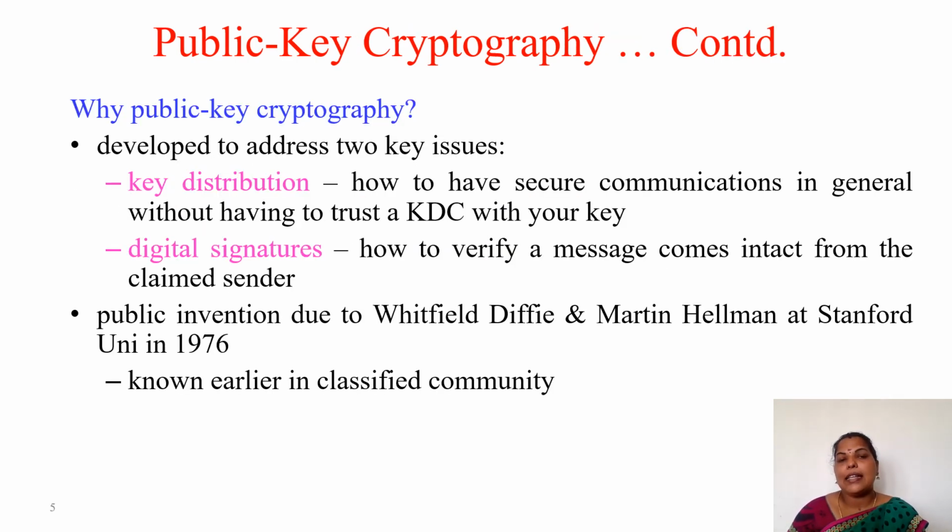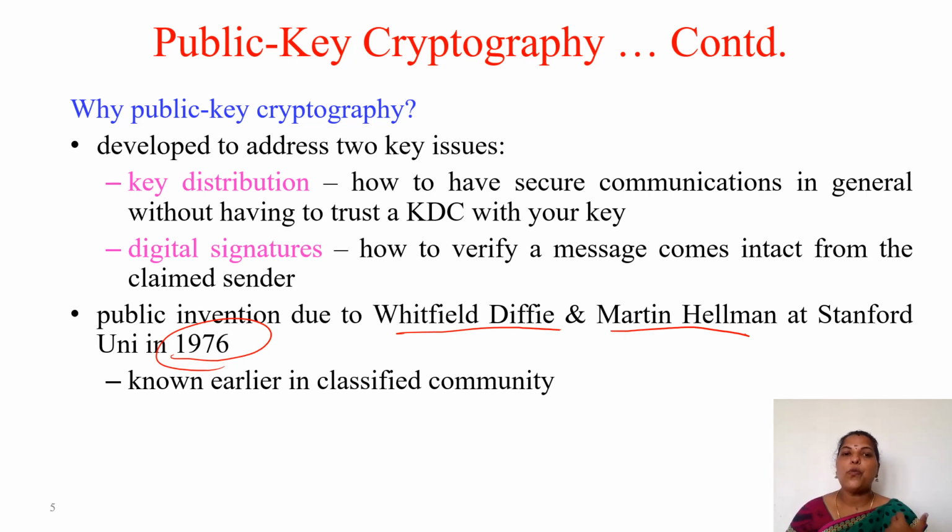And why was this public key cryptography designed? It was invented by Whitfield Diffie and Martin Hellman at Stanford University in 1976. See how old this cryptography concept is. They faced two issues, and in order to overcome them, they came up with this new cryptography concept, the two key concept.